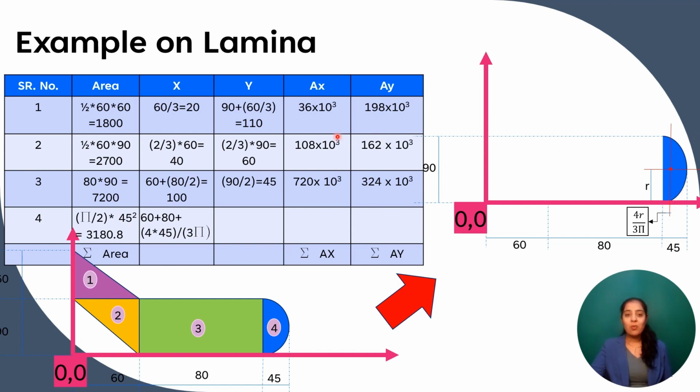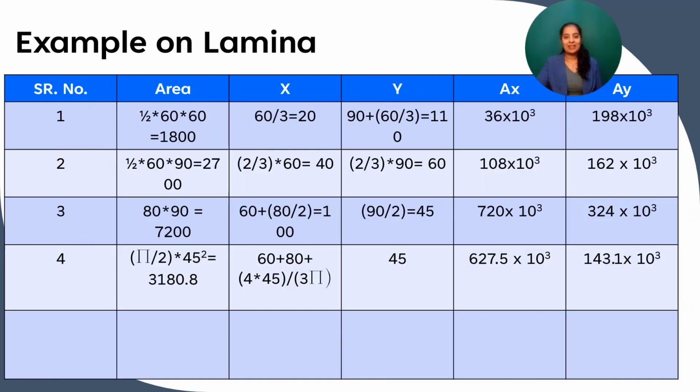Now the y coordinate of CG of this semicircle. You are correct. It is r. So it is 45. So come on, let's calculate the product of A into x and the product of A into y. Correct. Now we have completed the calculations for all the basic components.